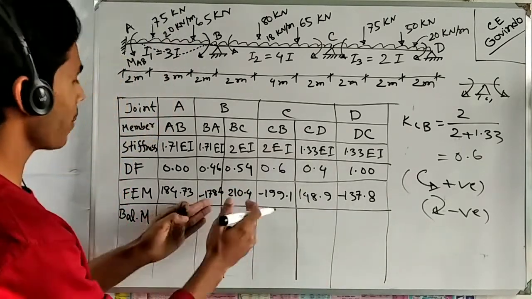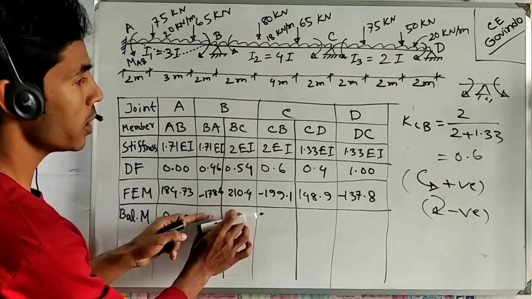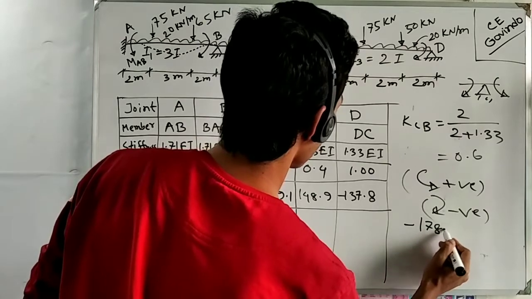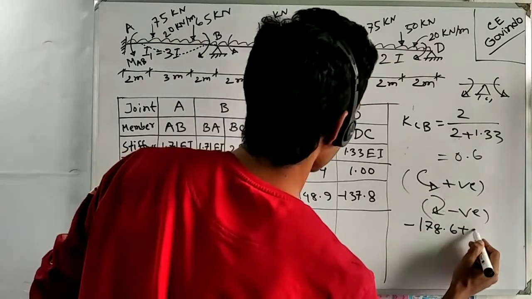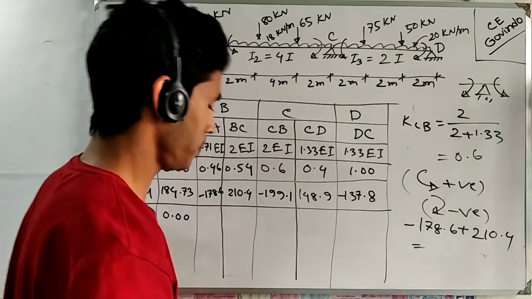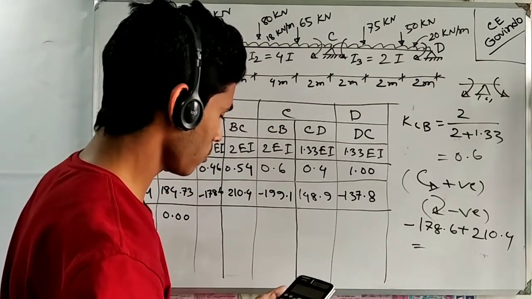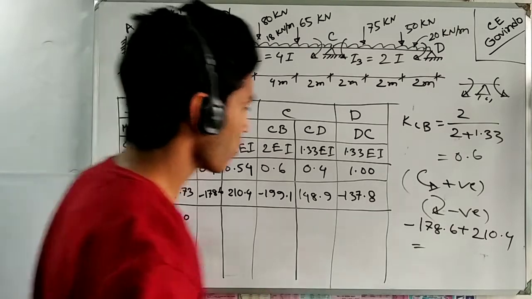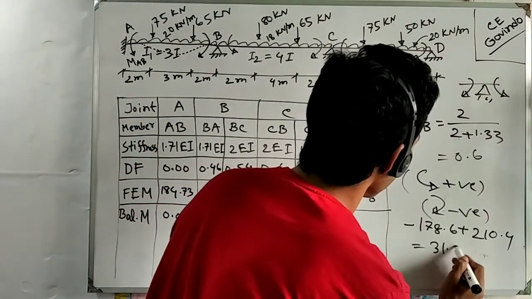If we sum algebraically these two moments, we will get the unbalanced moment here: minus 178.6 plus 210.4, then we get 31.8.